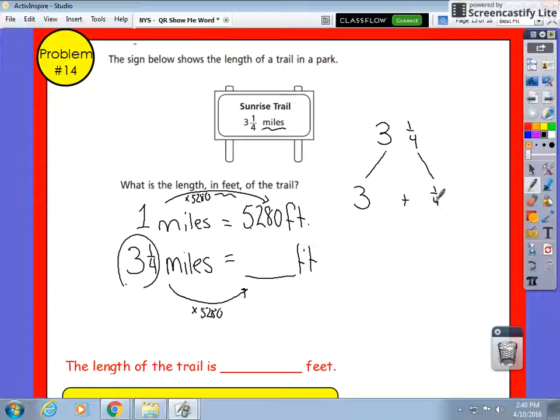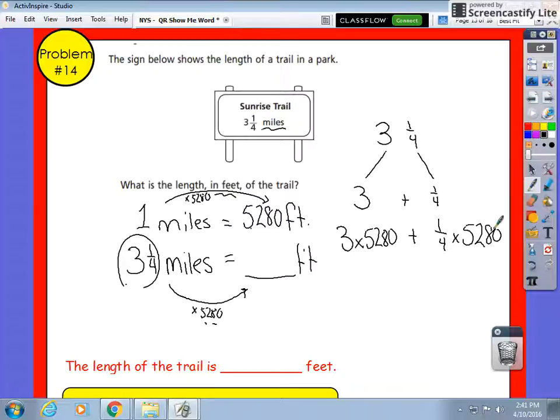So now I can separate and multiply 3 times 5,280 and 1/4 times 5,280, and it will make my multiplication much simpler. So again, I want to multiply 3 times 5,280, and then add the product of 1/4 times 5,280.